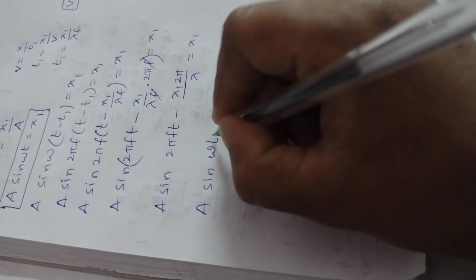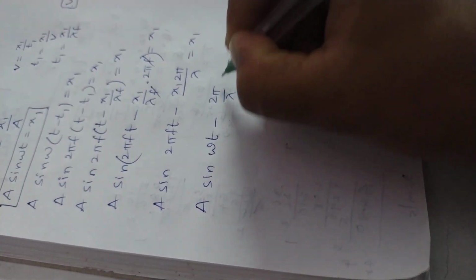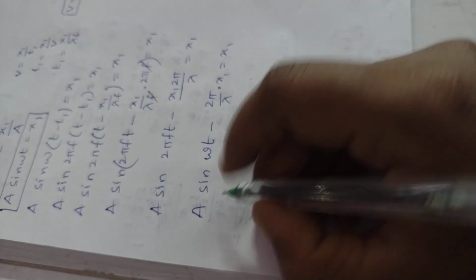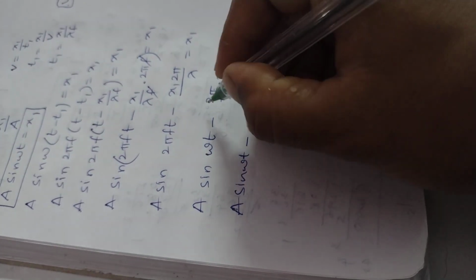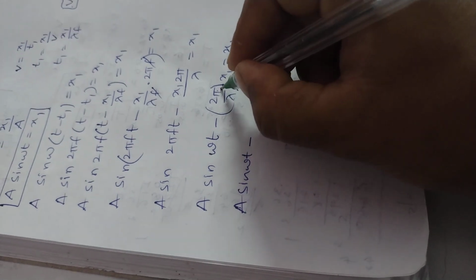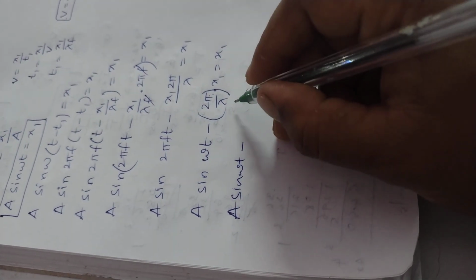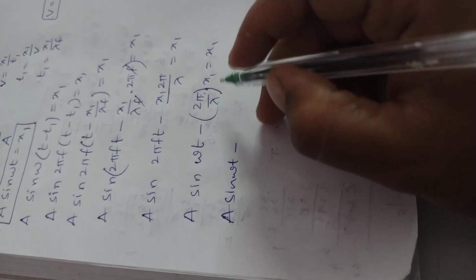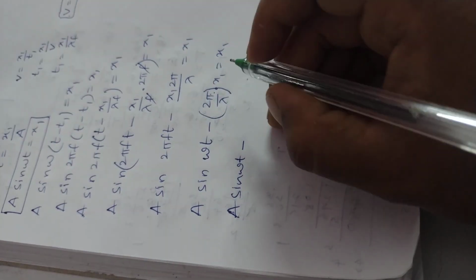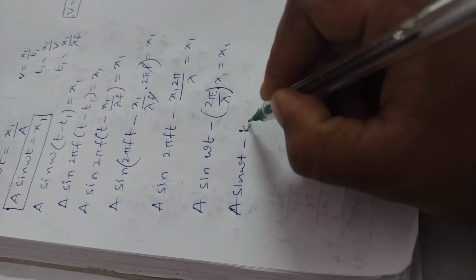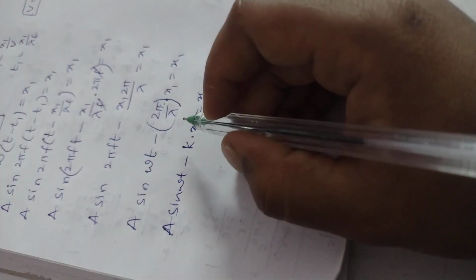Again, let me write omega in the place of 2 pi f: A sin omega t minus 2 pi by lambda into x1. Here 2 pi by lambda is a constant. 2 pi is nothing but 360 degrees, and lambda is always constant for any particular wave, so this is constant. In the place of 2 pi by lambda, let me write a constant k. So x1 equals A sin (omega t minus k x1). This is the general wave equation.